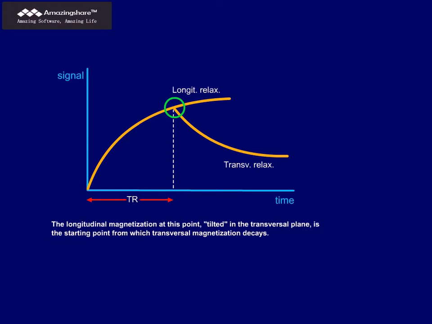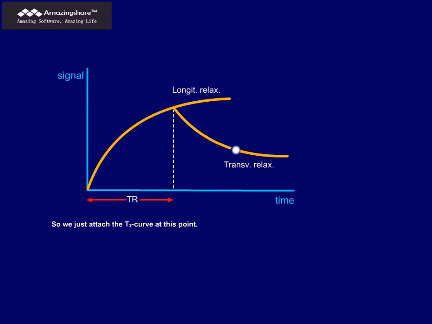The longitudinal magnetization at this point, tilted in the transversal plane, is the starting point from which transversal magnetization decays. So, we just attach the T2 curve at this point.